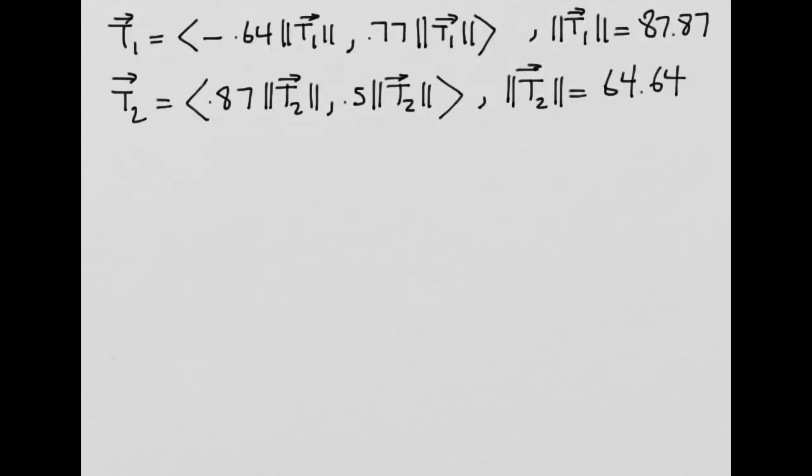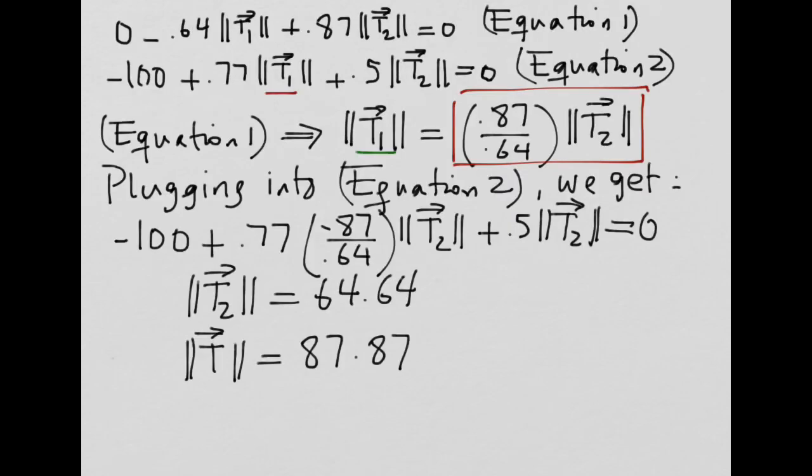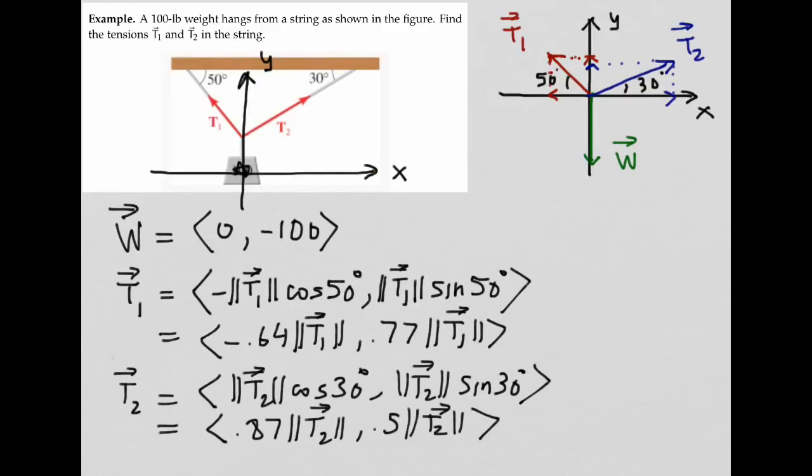Finally, let's find the tension T1 in the first string and the tension T2 in the second string. At the beginning of the problem, we found that T1 has components minus 0.64 magnitude of T1, 0.77 magnitude of T1, and we found that T2 has components 0.87 times magnitude of T2, 0.5 times magnitude of T2.